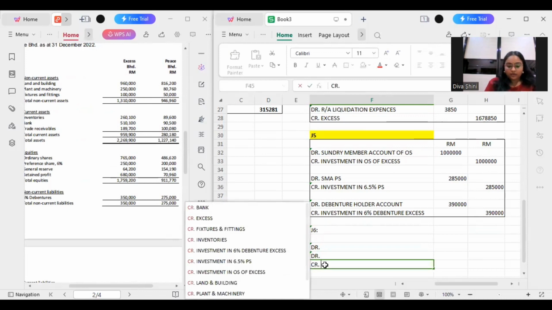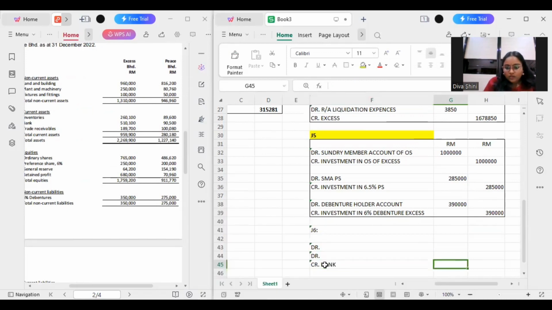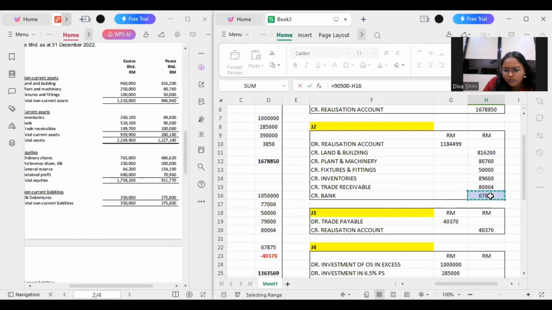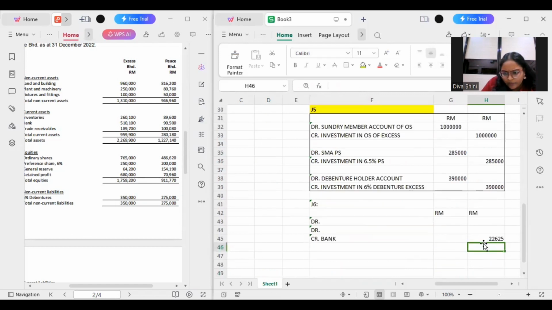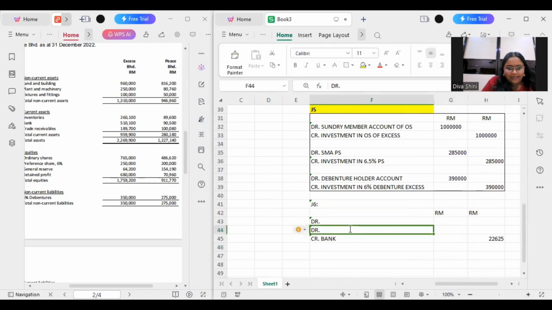So first we need to do the credit bank side. For the bank amount, we need to minus the amount from Sophie and J2. The amount from Sophie is 9,500, and we need to minus from journal 2. So the bank amount will be 22,625.